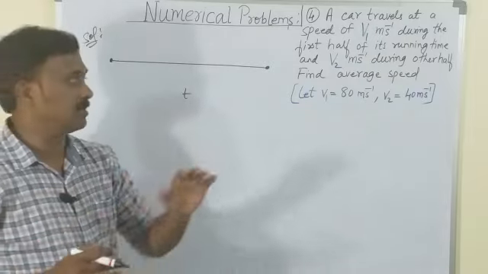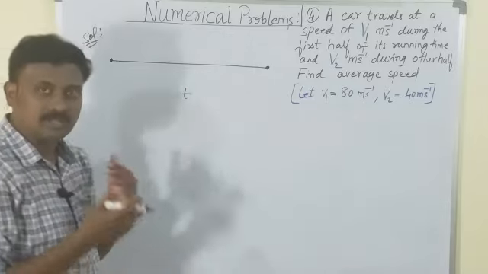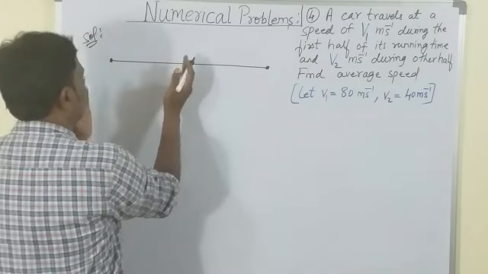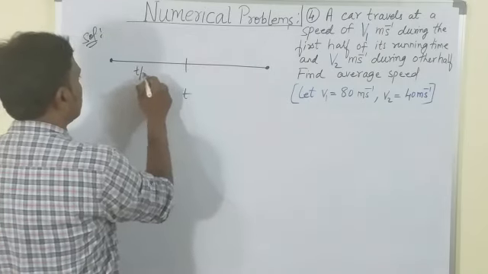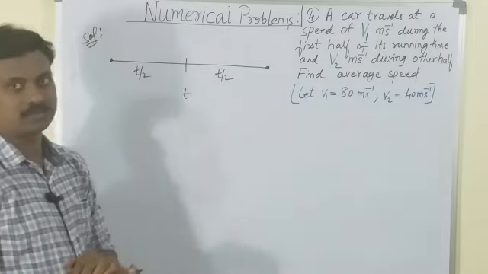Previously we took the total distance as s, and here the total time taken is t. Then the half of the time is t by 2 and the other half of the time is t by 2.